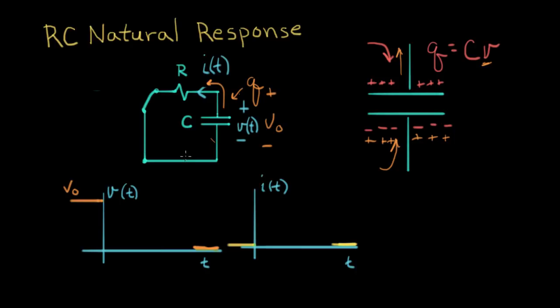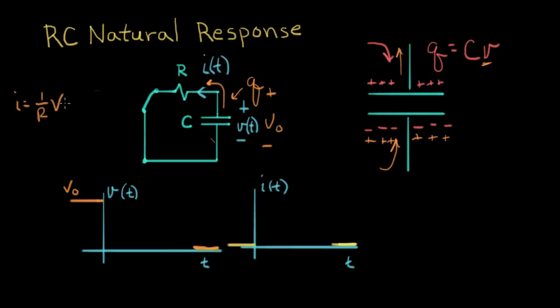So let's see if we can fill in what's going to happen in between. Well, this voltage here started at V naught, and it's going to end up at 0. And the amount of current flowing out of here is going to be proportional to the voltage across this resistor, right? The amount of current flowing out is 1 over R times V. So if V is high, then I is going to be high.